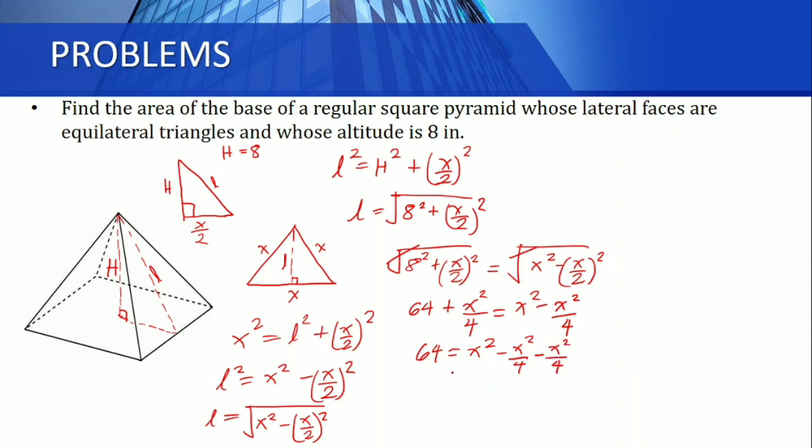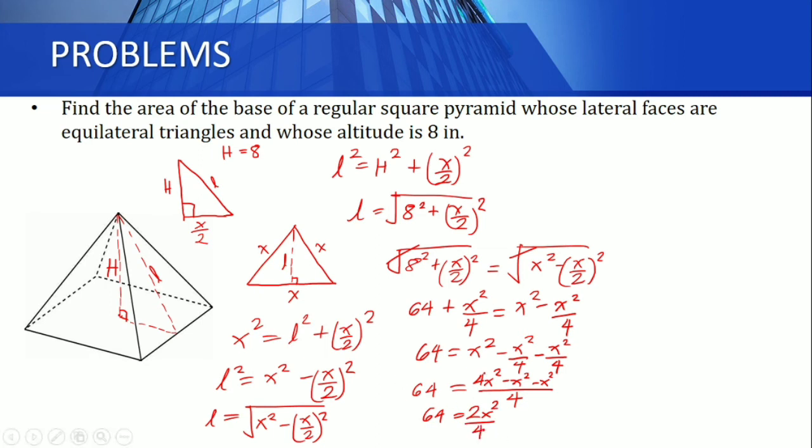So, kunin natin yung common denominator nila. 4 ang common denominator. So, 4x squared minus x squared minus x squared. So, 64 is equal to 4 minus 1 minus 1, that will be 2, so 2x squared over 4.